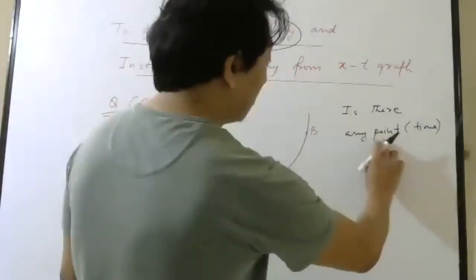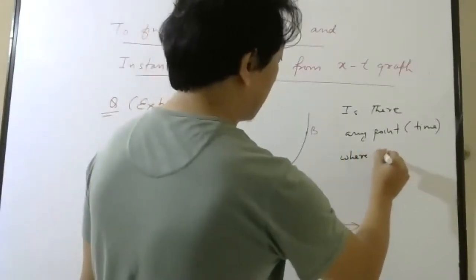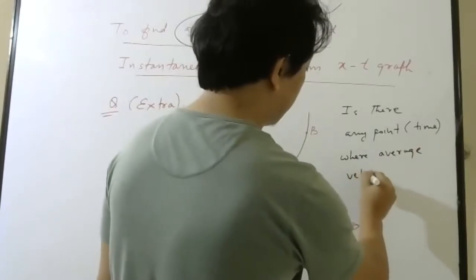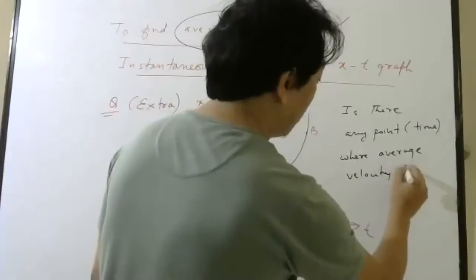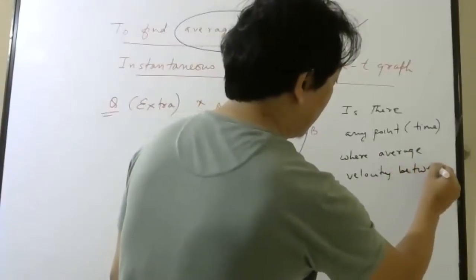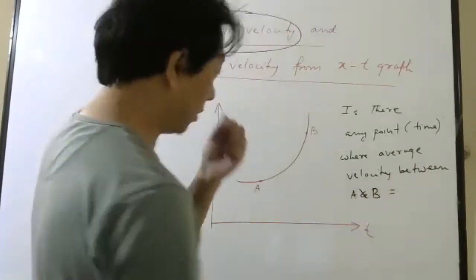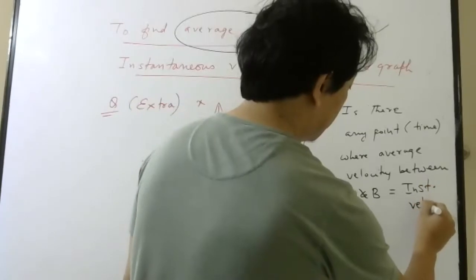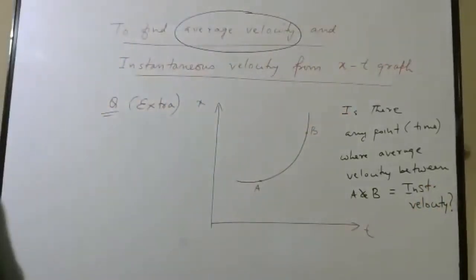So is there any point or time where the average velocity between A and B is equal to the instantaneous velocity? So this is the first part of the question.